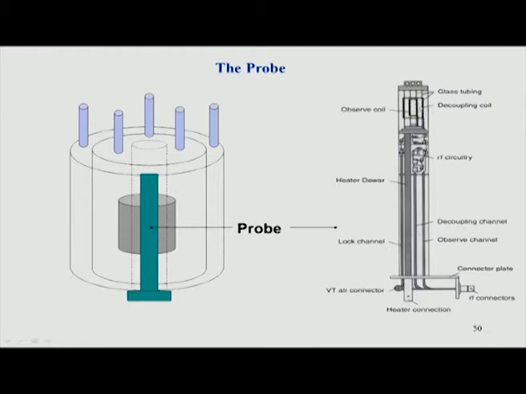You see where this arrow is pointing, this is where the sample is held. When you drop the sample from the top of the magnet, it comes all the way down and sits here, at this black part, the coil. This is called an RF coil.